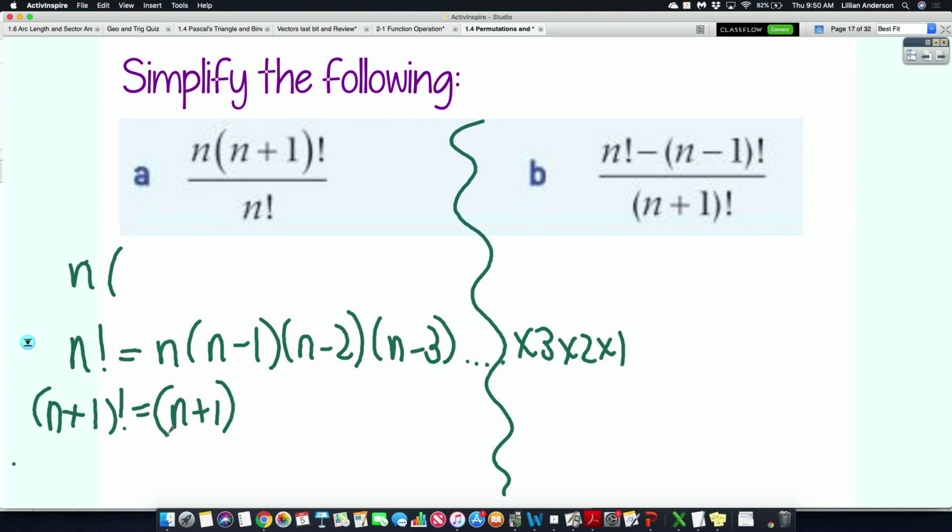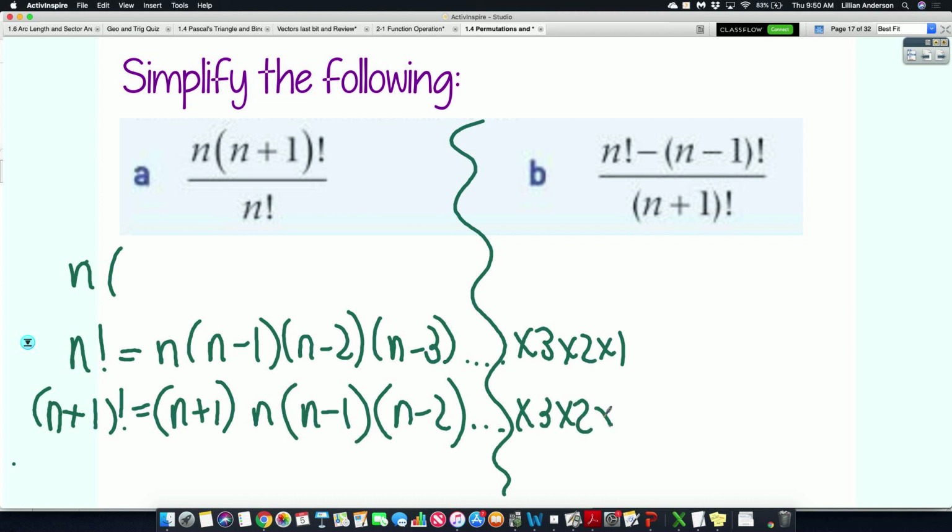If I subtract 1 from n plus 1, I get n. If I subtract 1 from n, that gives me n minus 1, and it continues on until you get to 3 times 2 times 1. So I can rewrite n plus 1 factorial as n plus 1 times n times n minus 1 times n minus 2, and so on and so forth.